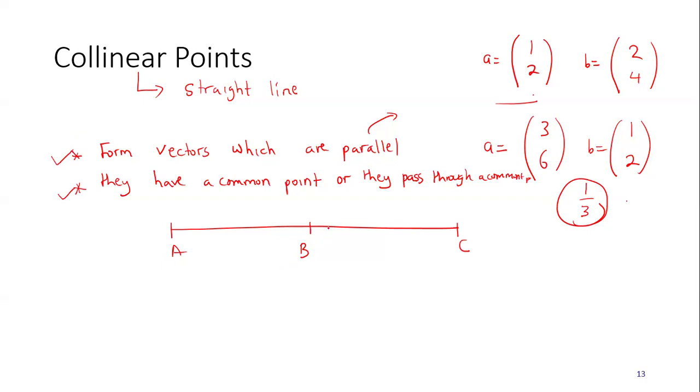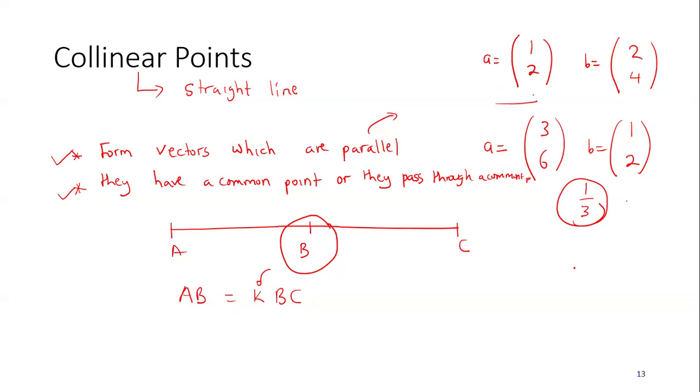So take an example. B being in the middle here or being part of it, I can say that vector AB is equal to K BC. Now K is that digit that you multiply with BC to get exactly AB.